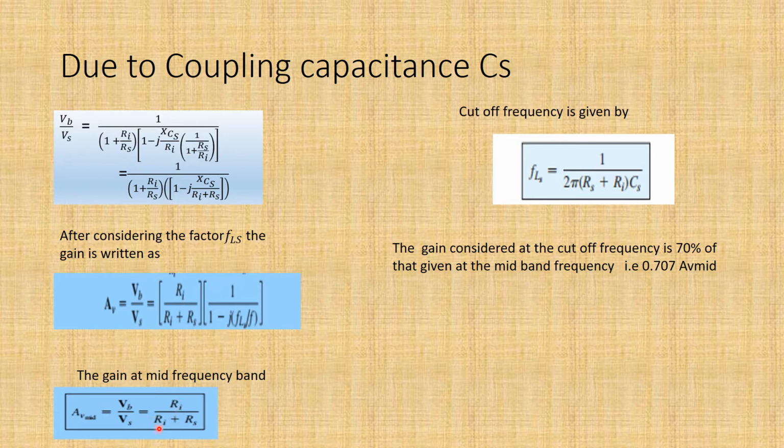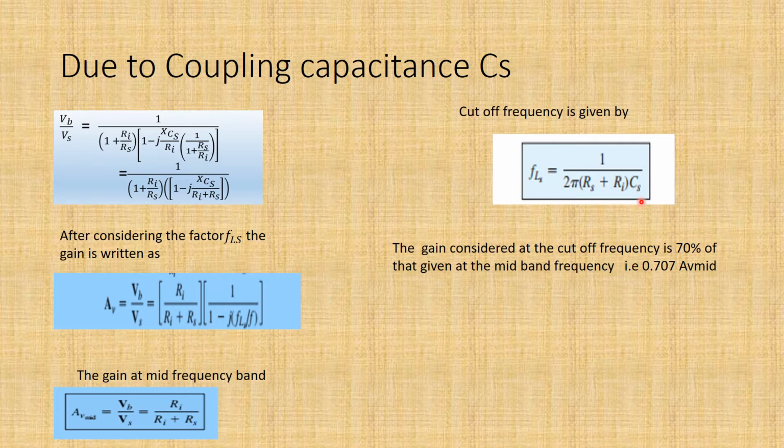So we get this relation, which is nothing but directly equal to the magnitude part, and here phase part is 0. So AVS is equal to Ri upon Ri plus Rs directly, wherein the cutoff frequency is given by 1 upon twice pi Rs plus Ri into Cs. So the equivalent resistance in this present condition is Rs plus Ri, and capacitance C is Cs.